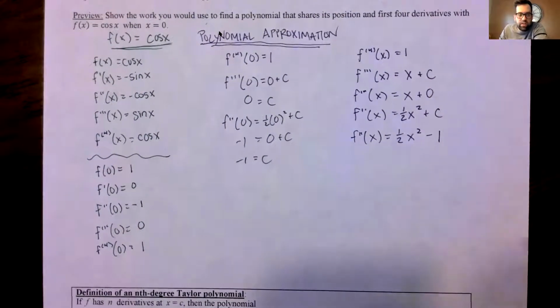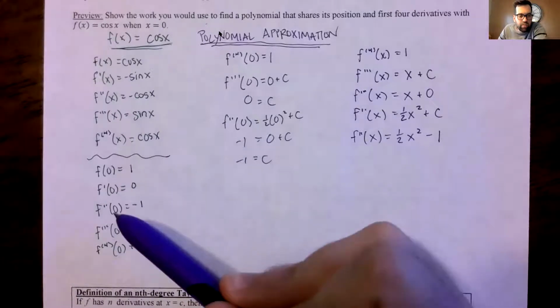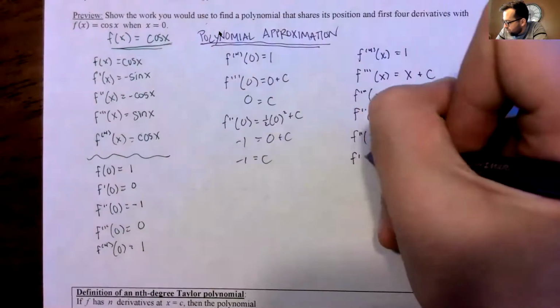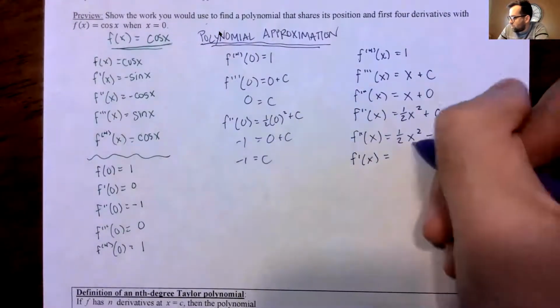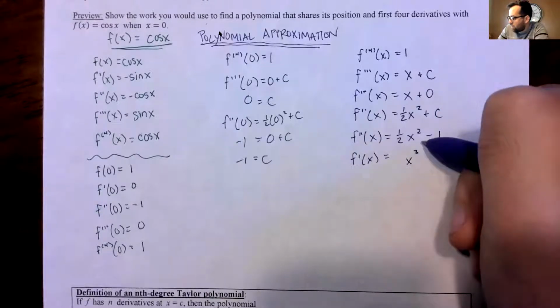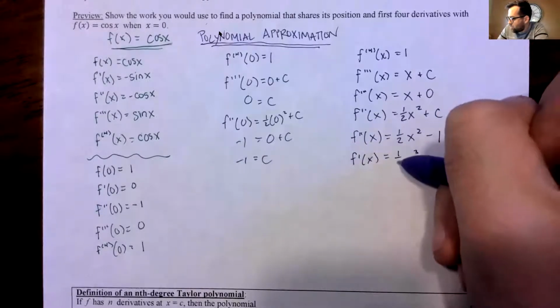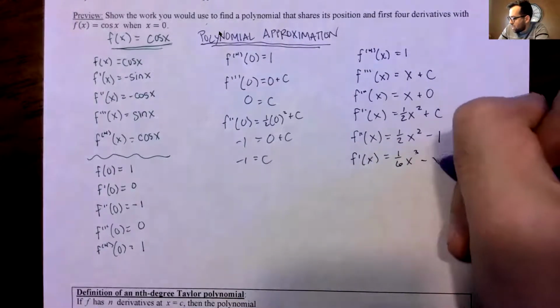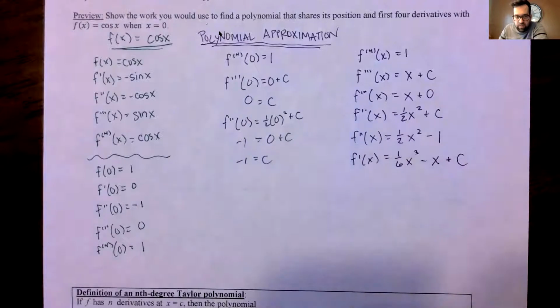So let's keep going. We got 2 more to do, right? Because we have to go up 1 notch to f prime and then up again to f. So f prime of x equals, this is going to become x cubed, and the 1/2 I have to divide by 3, so it's going to become 1/6. So I have 1/6 x cubed minus x plus c.